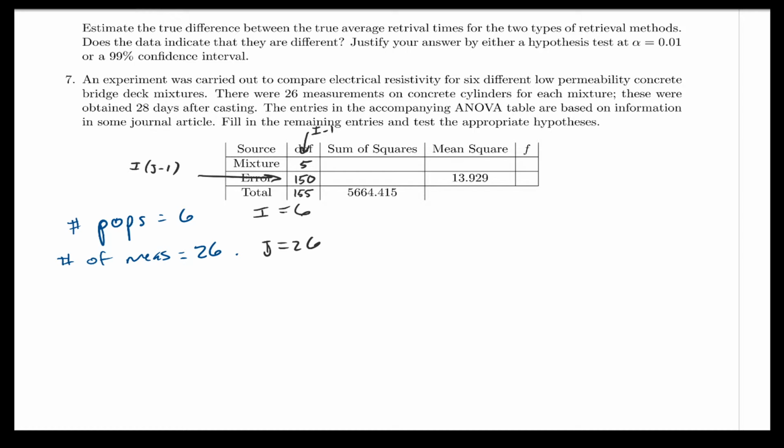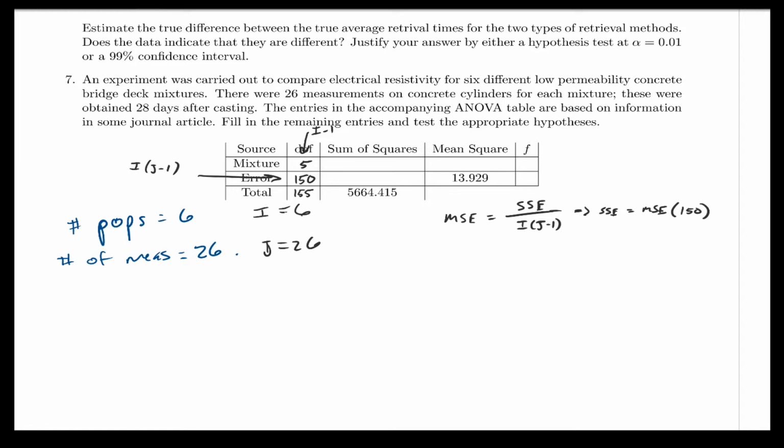And now what do I know? I know the mean square error, MSE, is actually SSE over I times J minus 1. So I can solve for SSE by multiplying. SSE equals MSE times 150.